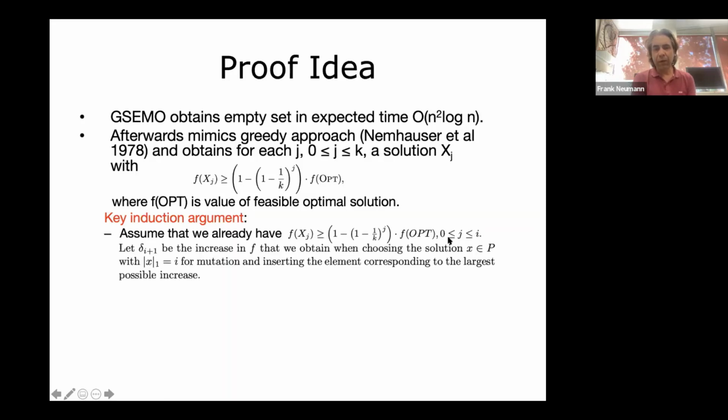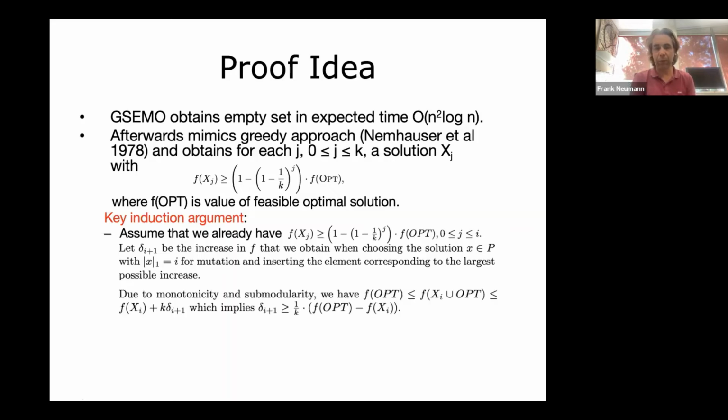Then what you can get is, if you pick the element with i elements and flip the bit that is currently not in this solution, then you get an increase that you can bound in terms of how far you are away from the value of an optimal solution.